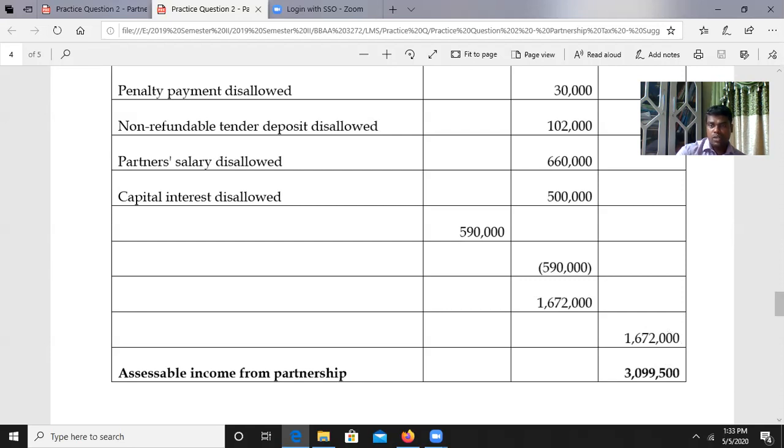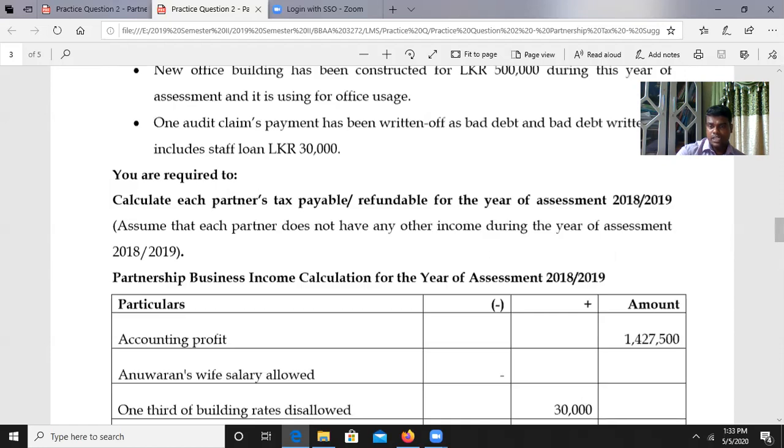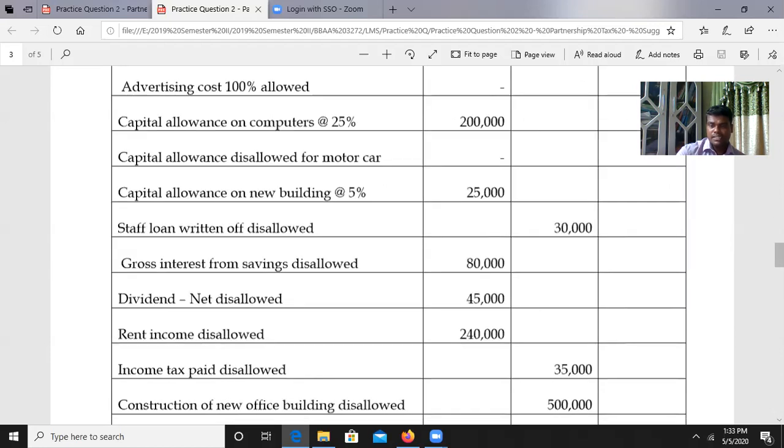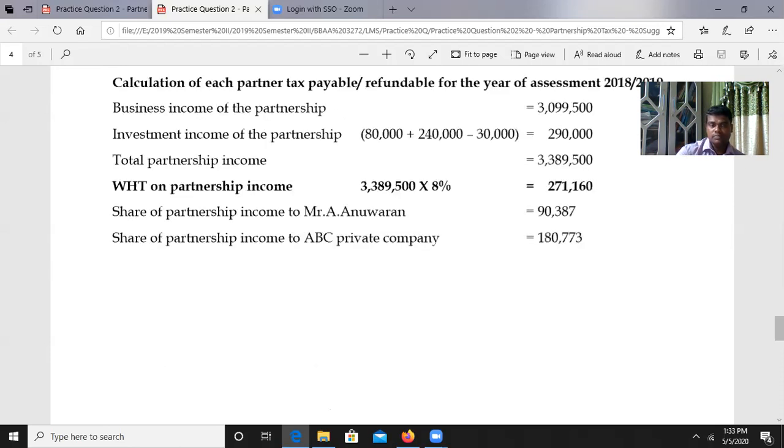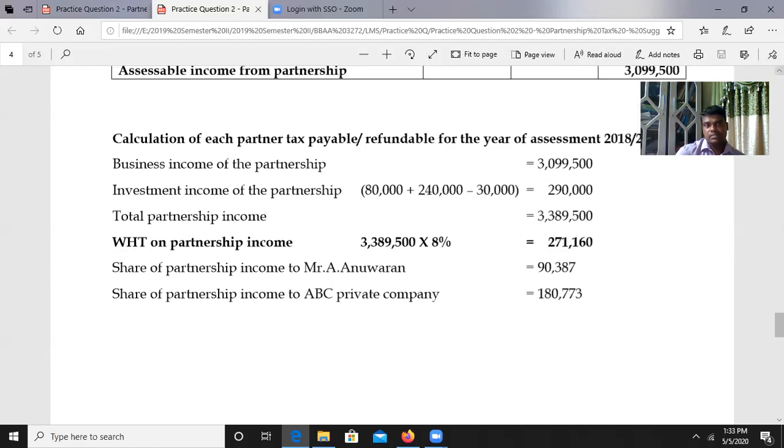We already included accounting profit from the question, which is 1,427,500 plus 1,672,000. The assessable income from partnership, which is 3,099,500. Then we can move with the calculation of tax.